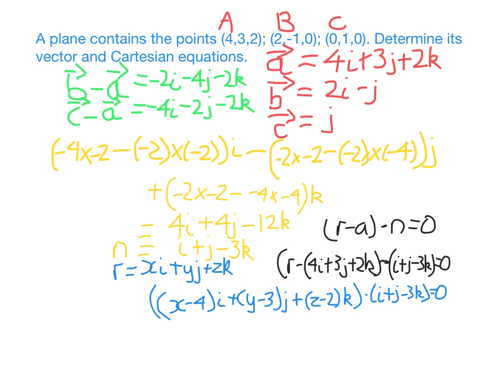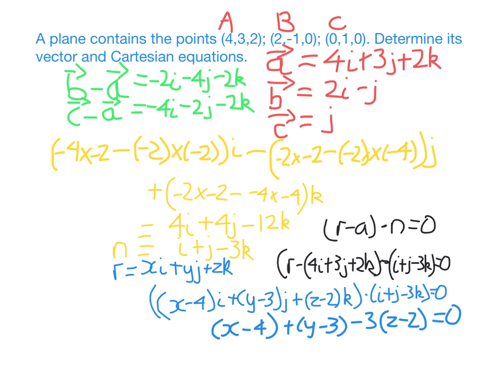So if you expand this out with the dot product, we multiply the x components together, so it's just 1 times x minus 4, plus 1 times y minus 3, minus 3 lots of z minus 2, is equal to 0. So now all you need to do is expand any brackets and simplify.